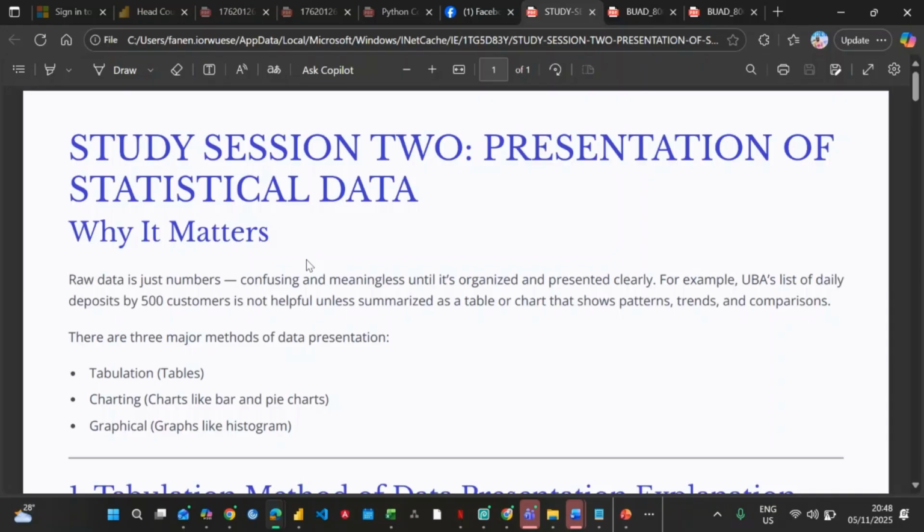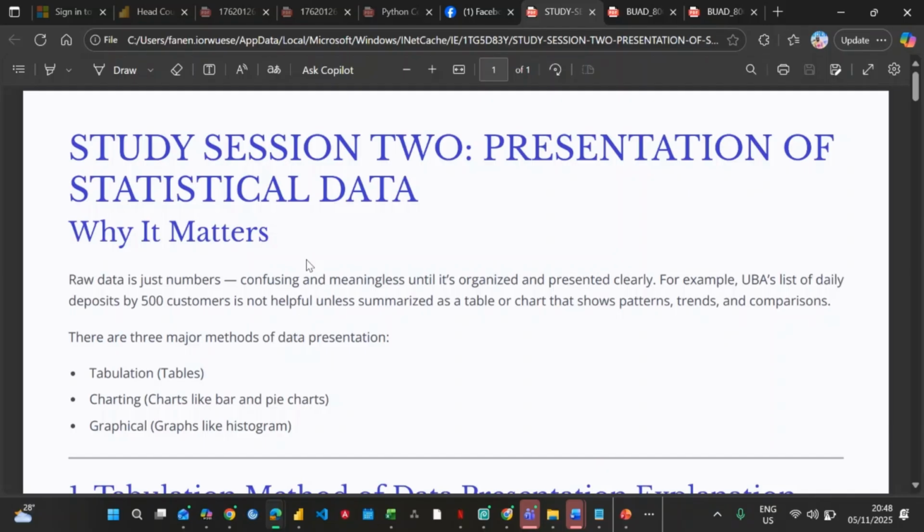So how can you present this data in a simple form for these people to understand what you are trying to communicate to them? Do you understand? That is what we are looking at in this tutorial. How do you present data in a very simple way so that everybody will understand?